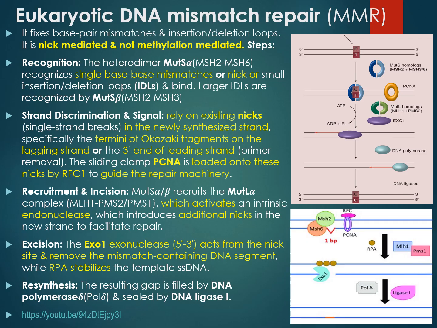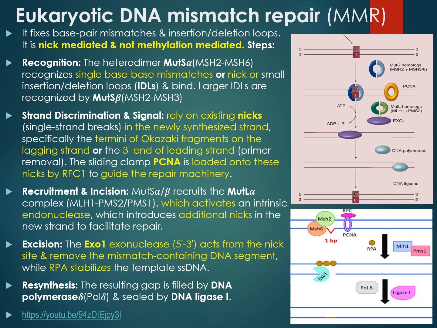PCNA is now loaded onto the DNA with the help of the RFC1 protein, and this will guide the repair machinery. So now the repair machinery is assembled, and the recruitment and insertion happen. MutS alpha or beta recruits another complex called MutL alpha, which activates an intrinsic endonuclease that introduces an additional nick.